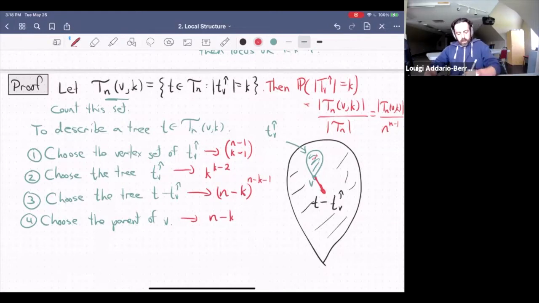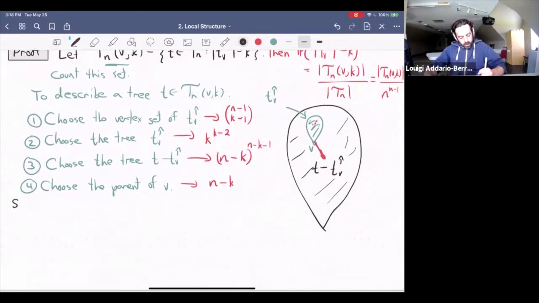So if I just put all that together, you see at each step, the number of choices didn't depend on what decision was made in the step before. So that means the total number of choices is just the product of these terms. And that procedure builds any tree in T_{n,v,k} for us.